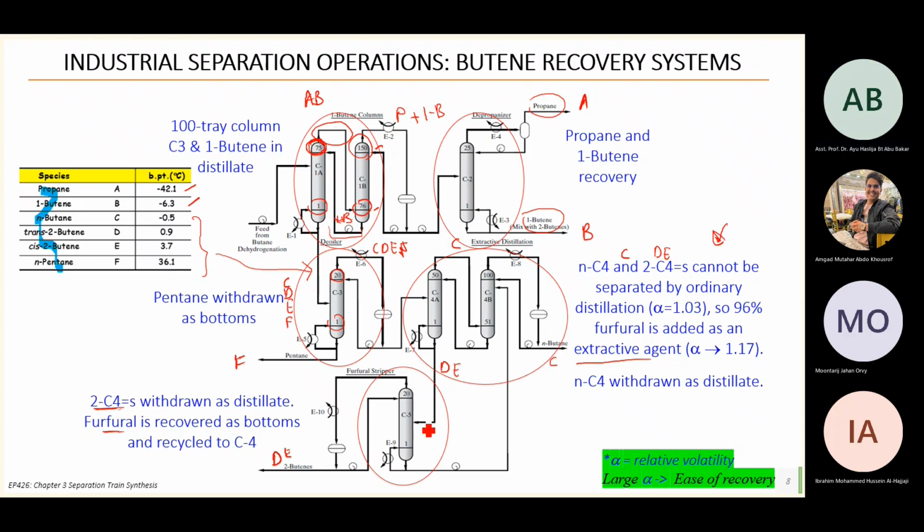Furfural, yes. Okay, here the furfural is added because the C4 and butenes cannot be separated in ordinary distillation. Okay, this is what is meant by extractive distillation. You need to add something as an extractive agent.